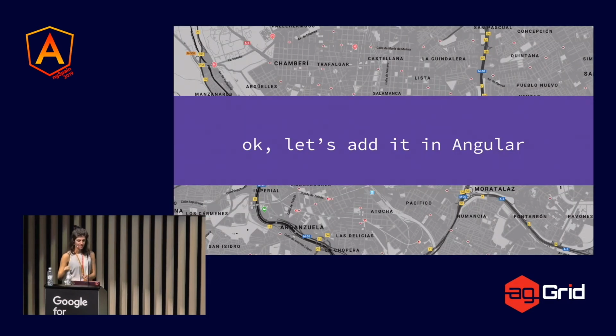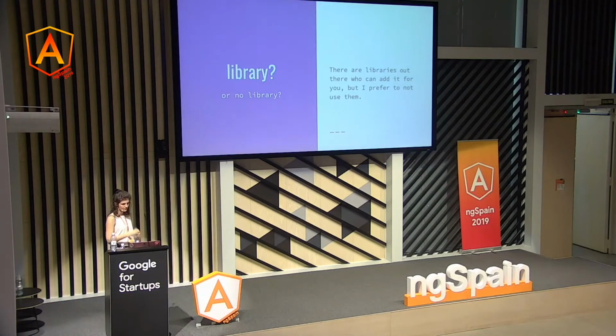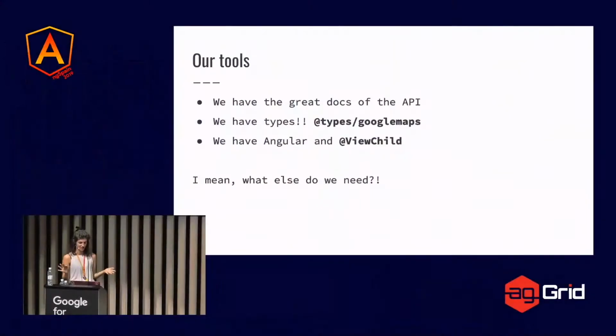So how would you add this in Angular? There are libraries out there that can add it for you. I think the most popular one is Angular Google Maps, but I prefer not to use them. I like to do it vanilla style. We have the great docs of the API, which are very extensive, full of examples and tutorials.